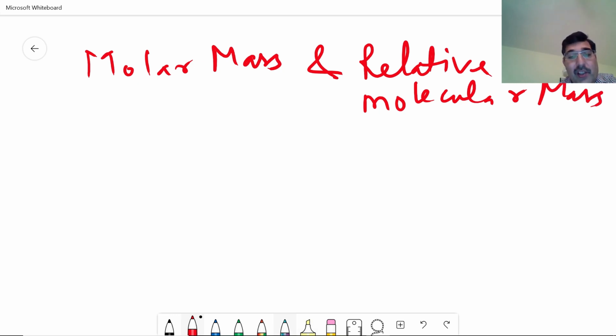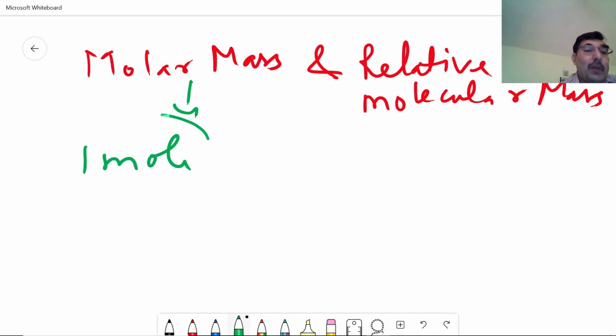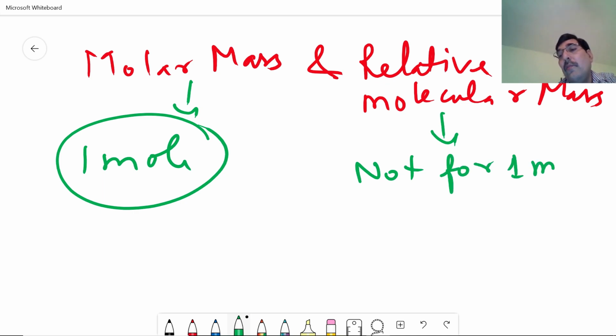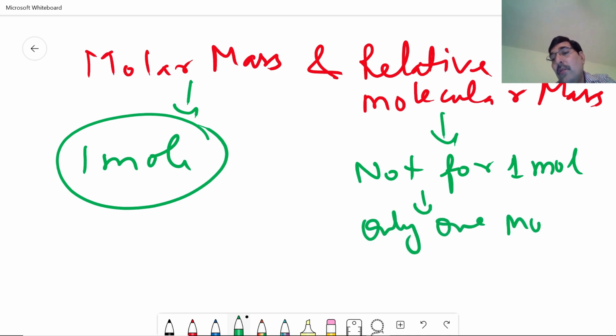Molar mass means the mass of 1 mole. Relative molecular mass is not for 1 mole. It is only for 1 molecule, only for 1 molecule.